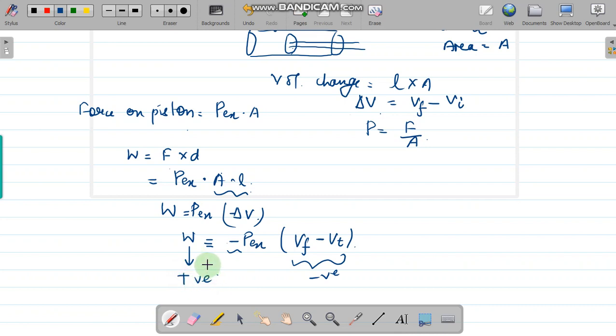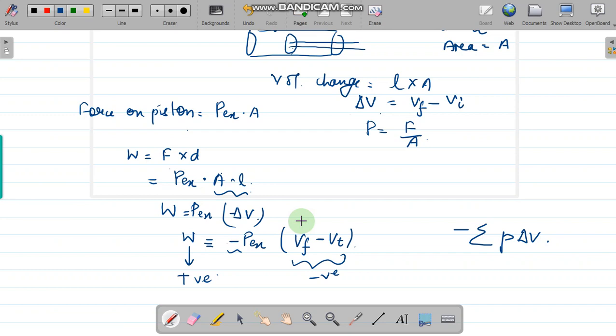Now, suppose the pressure is not constant at every stage of the compression but changes in a number of finite steps. The work done on the gas will then be summed, so it will be equal to minus summation P delta V.